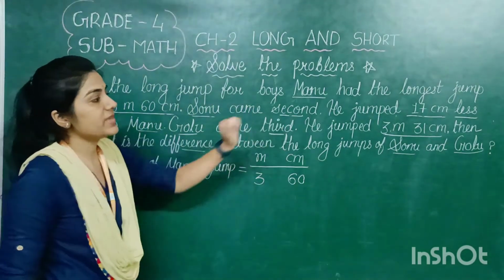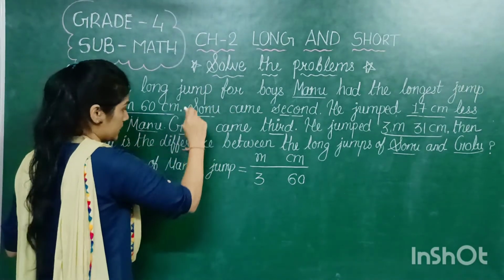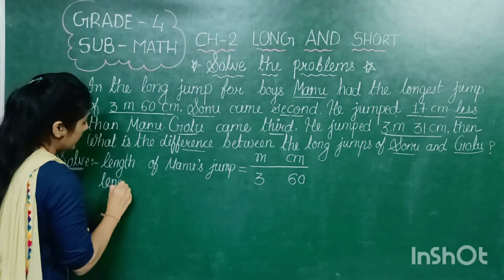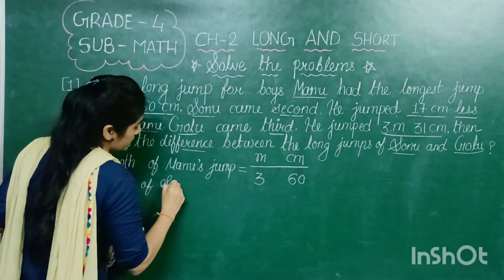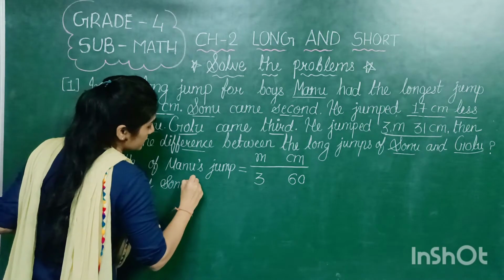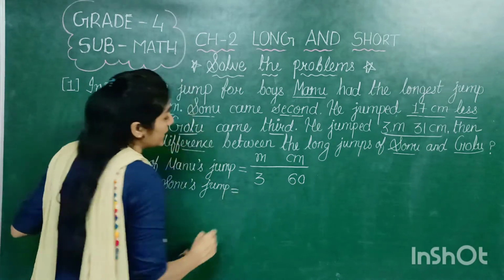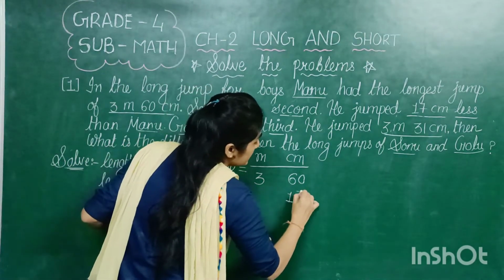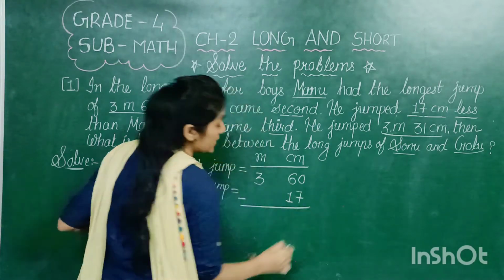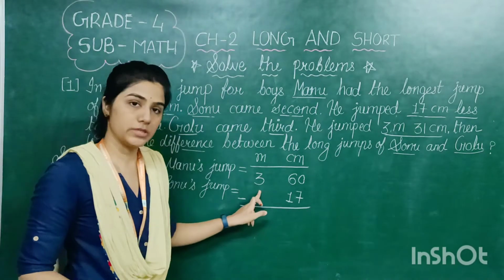And now 17 centimeter less than Manu, of whose? Sonu's. So we write length of Sonu's jump. We are doing subtraction here: 17 centimeter. See, only centimeter is given, so the meter place will be empty.